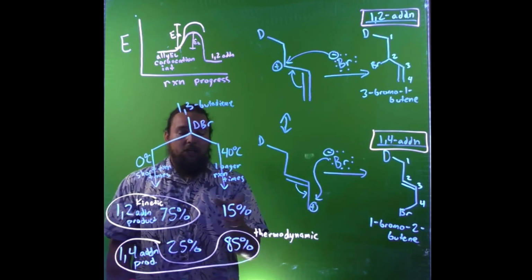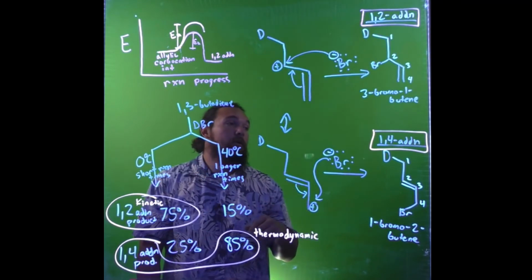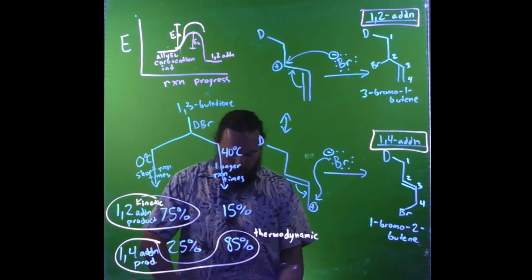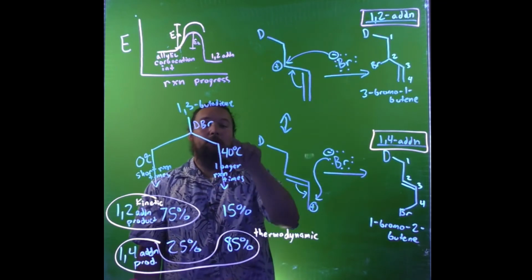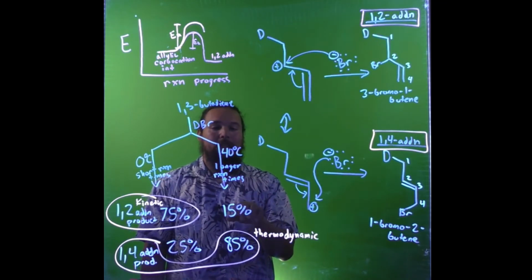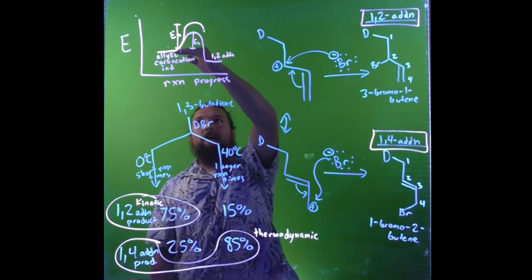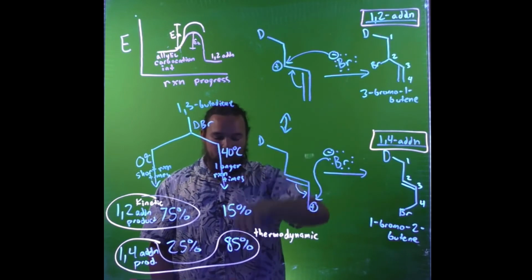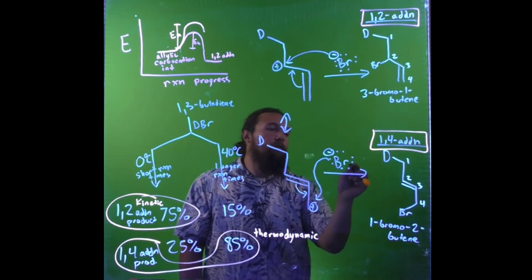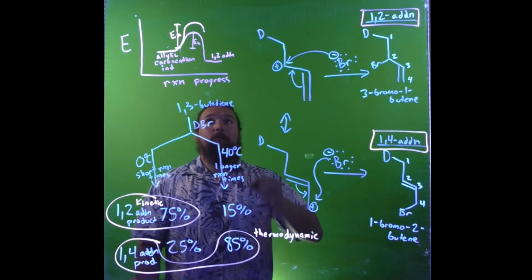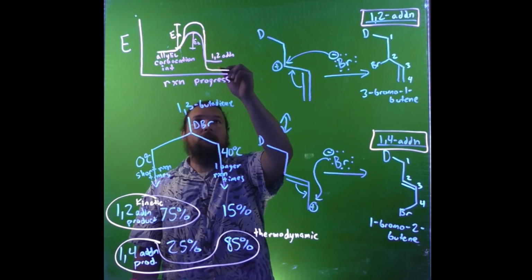Now, the thermodynamic product is typically the most stable product. So if we look at the higher temperature situation, and we let this react a little bit longer, now we have sufficient energy. That first activation energy may not be that big a deal. But when we look at our two products, we can see that the thermodynamic product is a lower energy product.